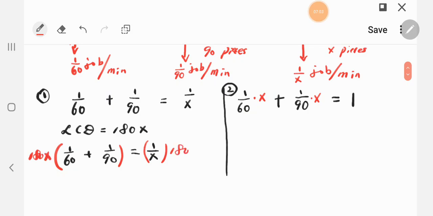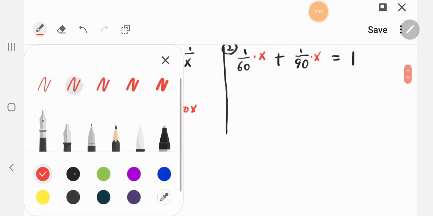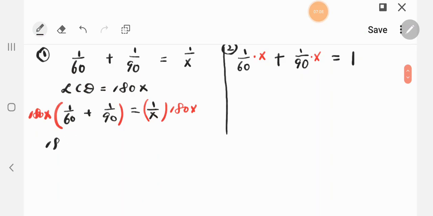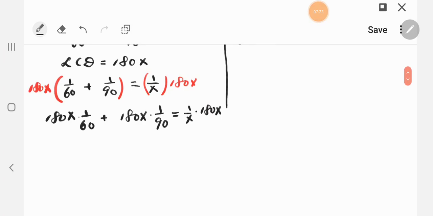Using the distribution property, 180x times 1/60, plus 180x times 1/90, is equal to 1/x times 180x. Then reduce the fractions: this will be 3x, and the second term is 2x, equal to 180.